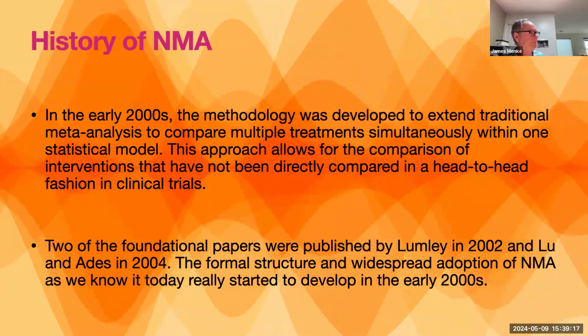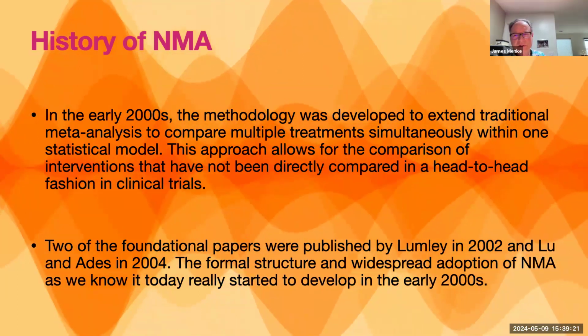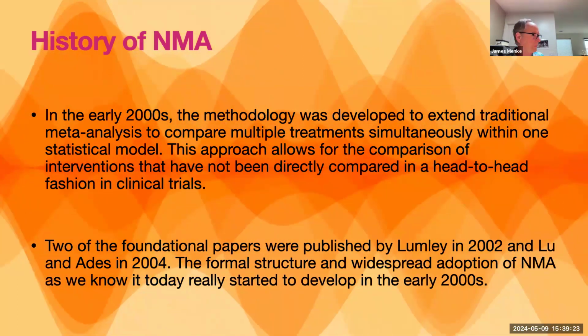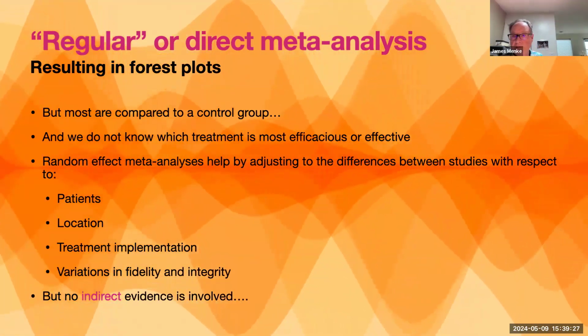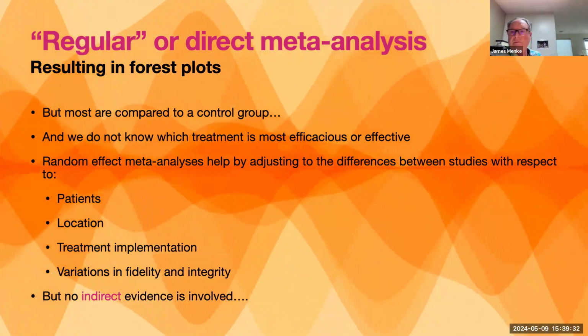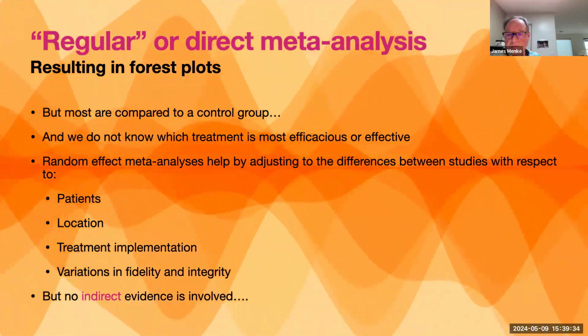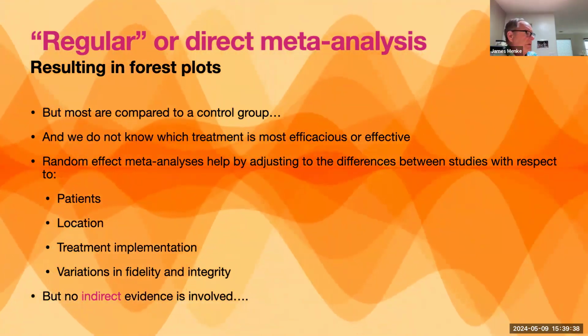They've been around since the early 2000s, which isn't that long ago. We're used to meta-analyses comparing a treatment to a placebo. That's kind of the standard. We talked about that last week a little bit.